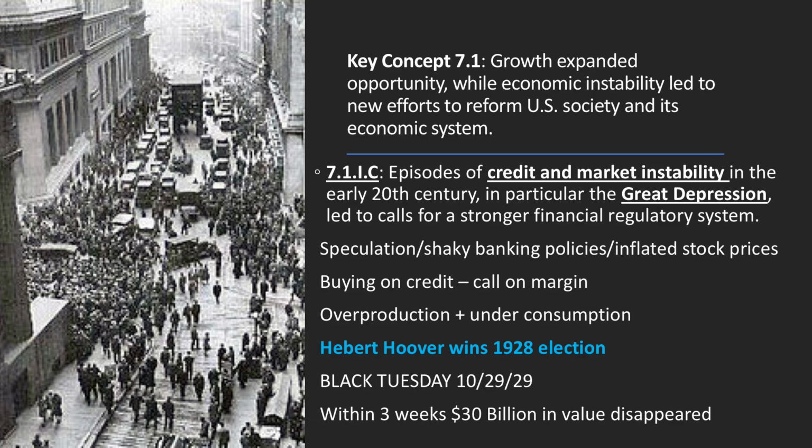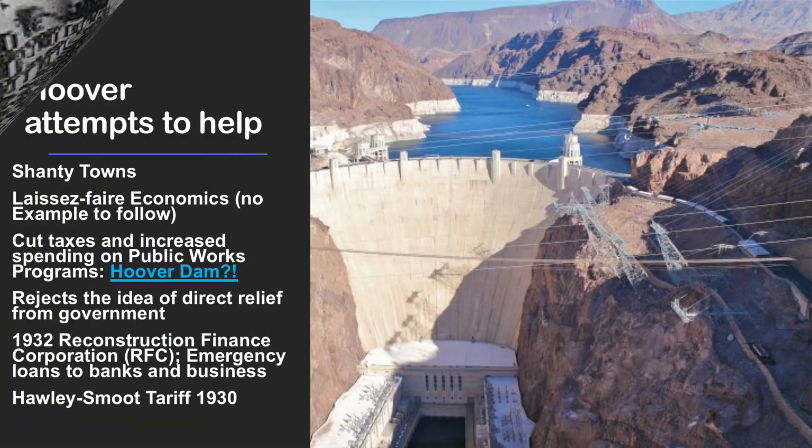And then everybody's in a mess. Millions and millions of Americans begin to lose their jobs, begin to lose their savings, begin to lose their homes. And everyone begins to blame Hoover for all of this. Which always begs the question: he is known as the do-nothing president, but was he truly a do-nothing president?